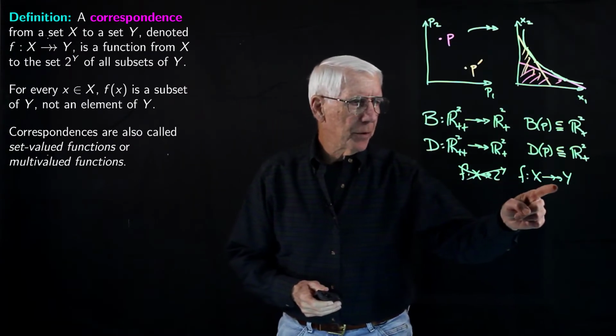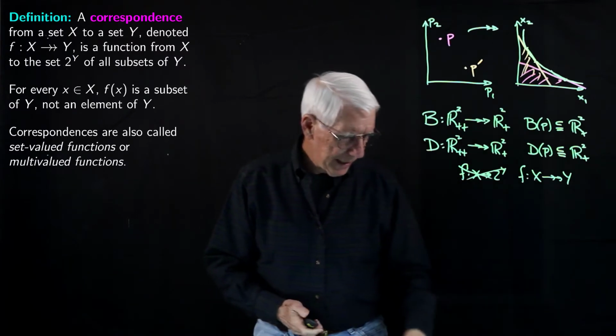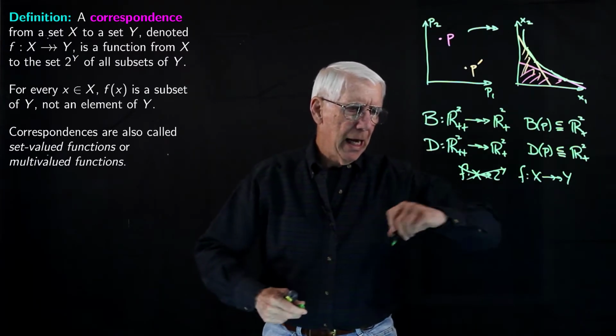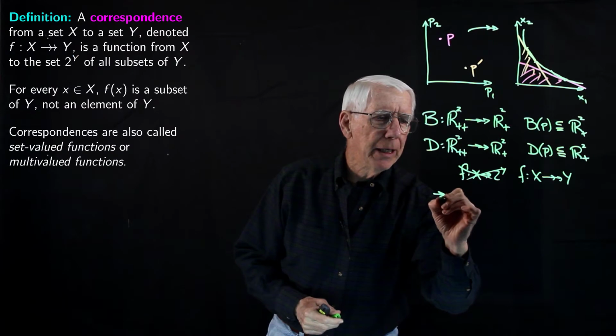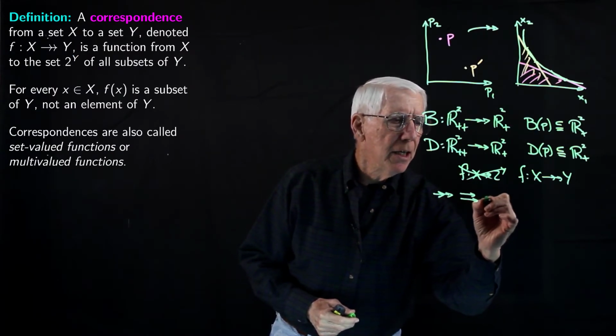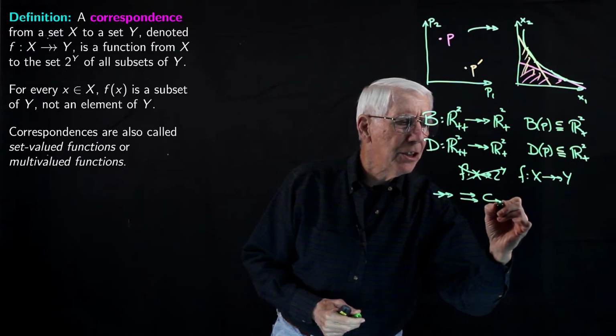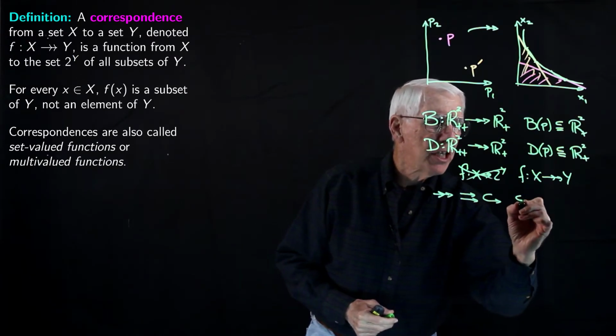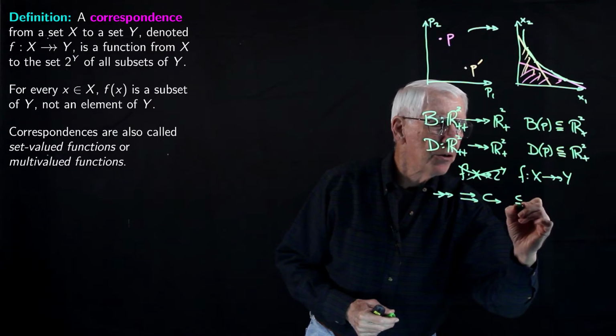And the notation with the double-headed arrow is not the only notation that's used. I'll write that one here; some people use this notation instead. And I believe I've even seen this notation.